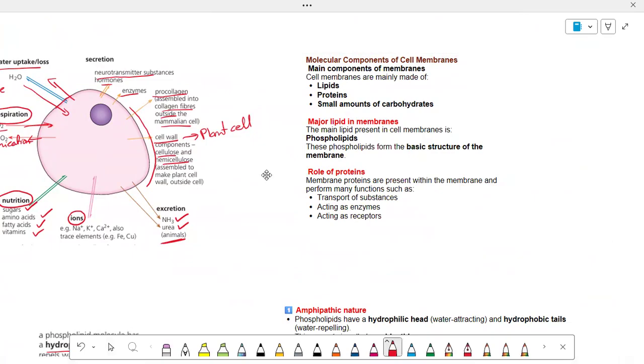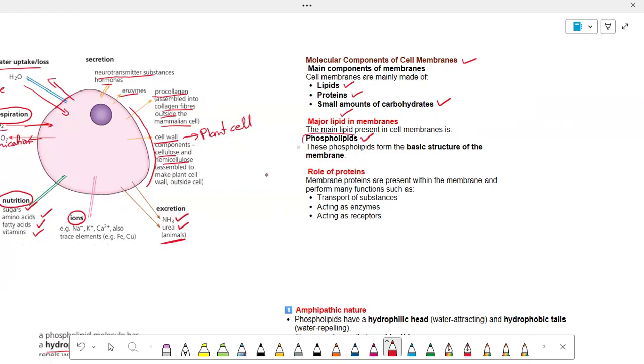Okay. The other molecular components of the cell membrane. The main components of cell membranes are lipids, proteins, and a small amount of carbohydrates. And all these components perform different functions. The major component is lipid. The main lipid present in the cell membrane is phospholipid.